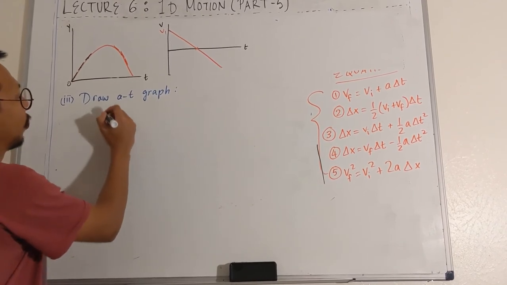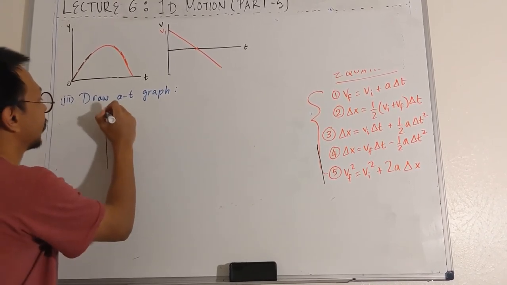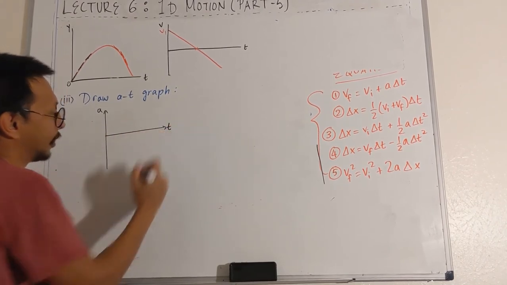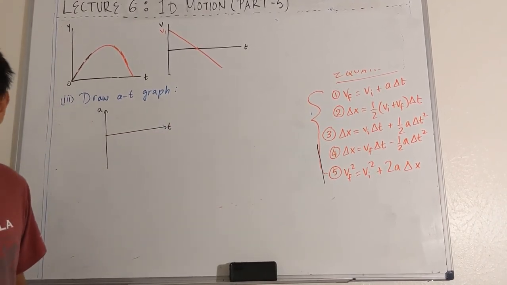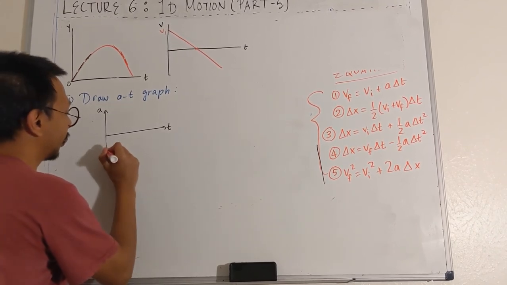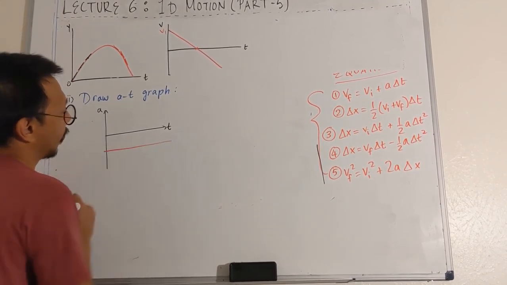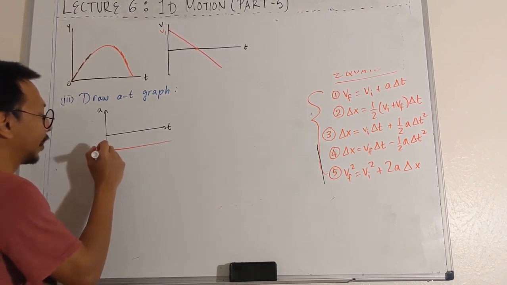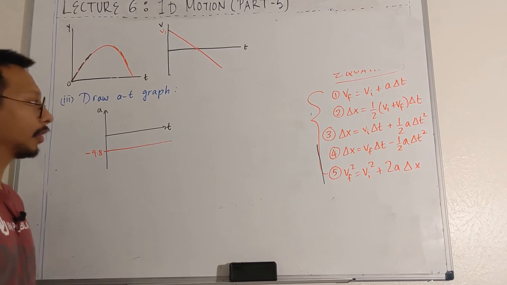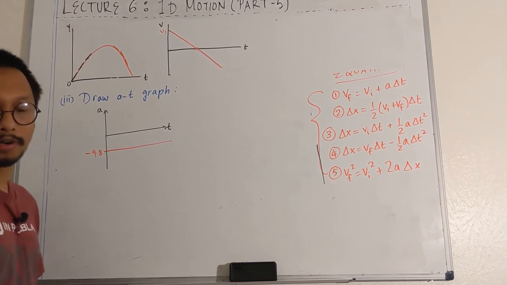So our relevant axes are A and T, and we end up with an acceleration of negative 9.8. This is constant throughout. Okay, this is a feature of motion under gravity.